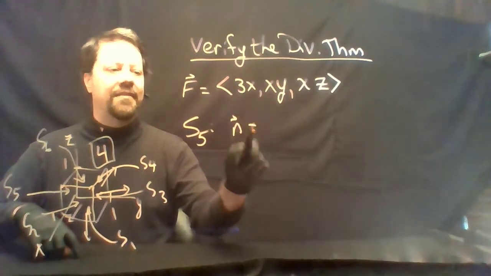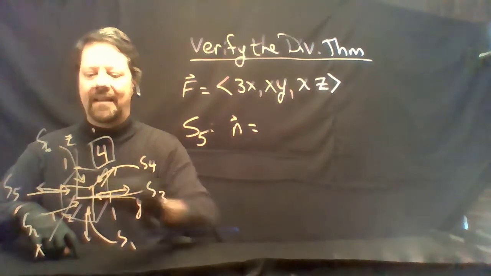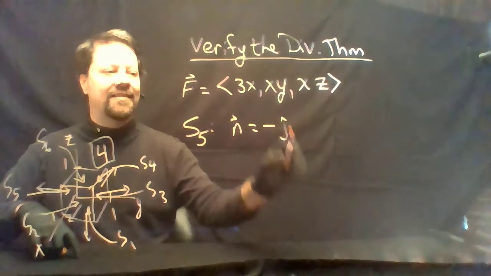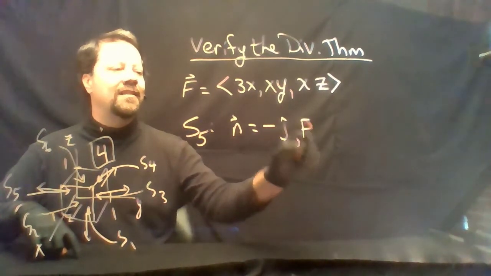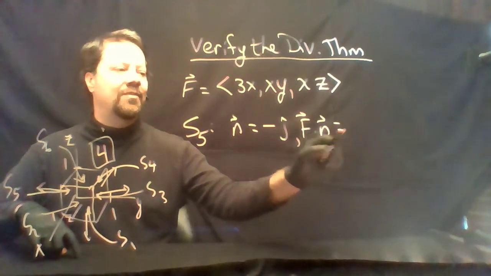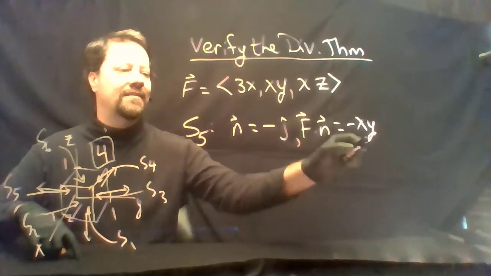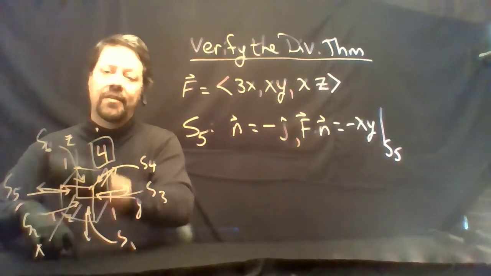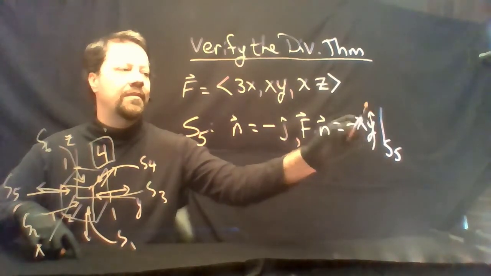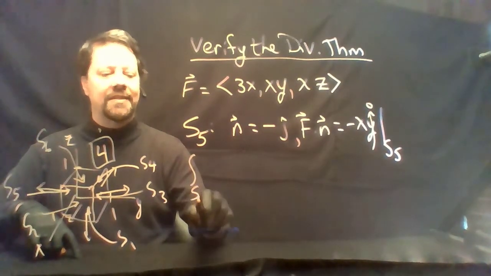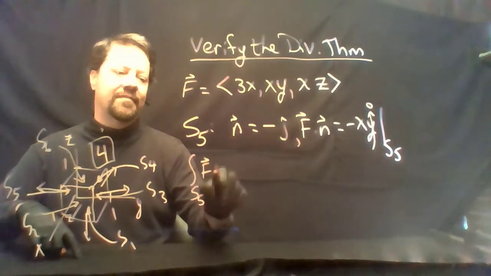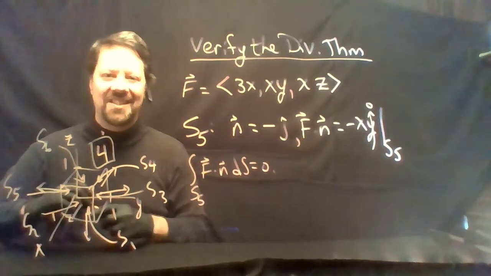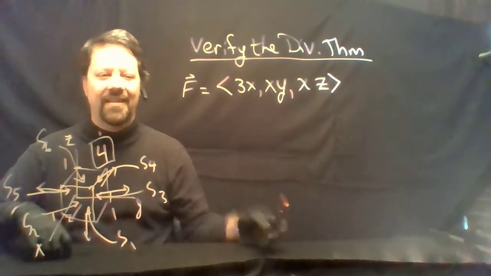On S5, the normal pokes straight back, parallel to the y-axis, but in the opposite direction of j. So f dot n will be minus xy, which when we evaluate on surface 5, the y-coordinates are 0, so the flux on S5 is 0. Still a running total of 3.5.